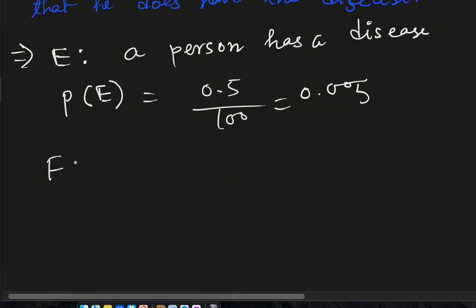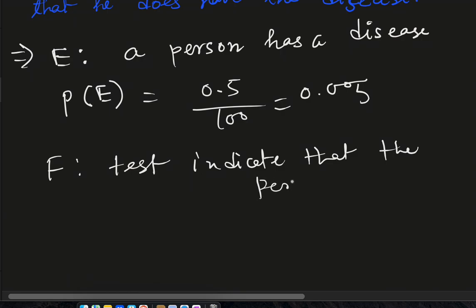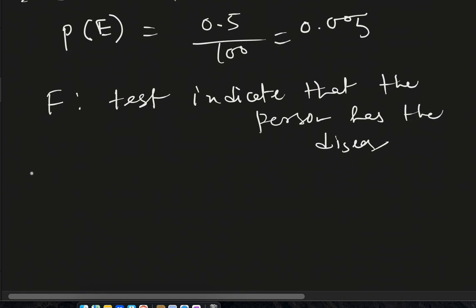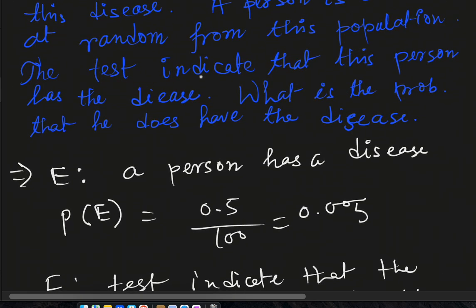And F means the test indicates that the person has the disease. Okay, now we know that the test indicates that this person has the disease.